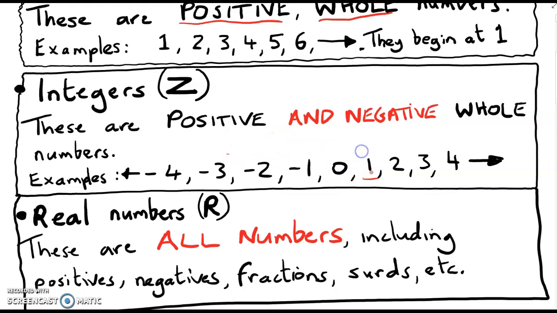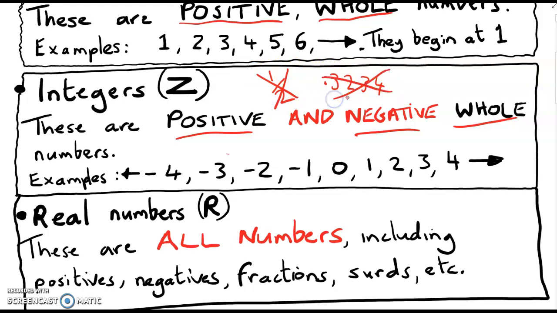Okay? So that's what an integer is. An integer is a positive or negative whole number. So there are no fractions, no decimals, just whole numbers, positive and negative.